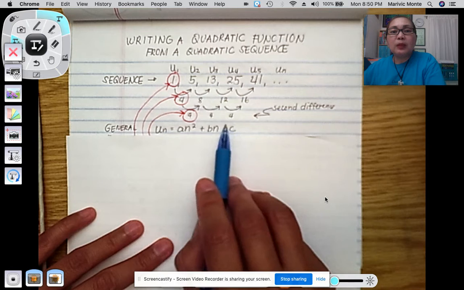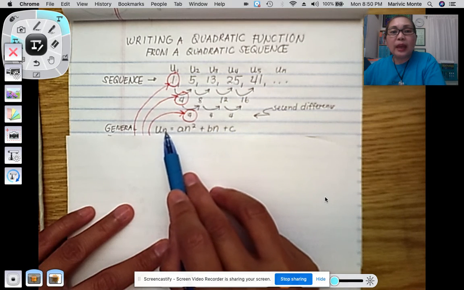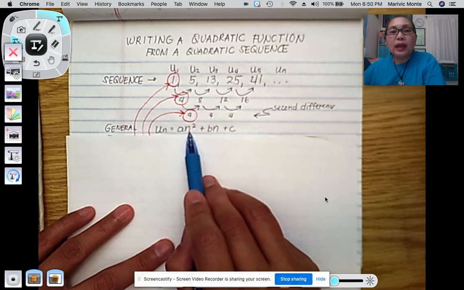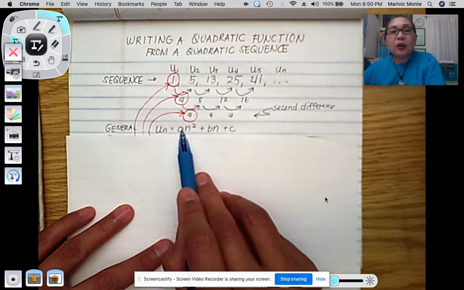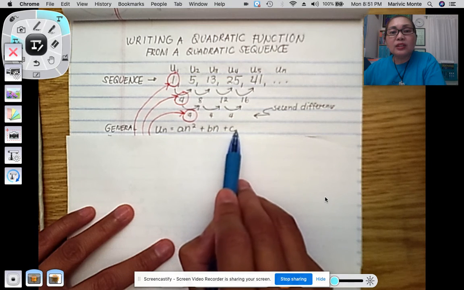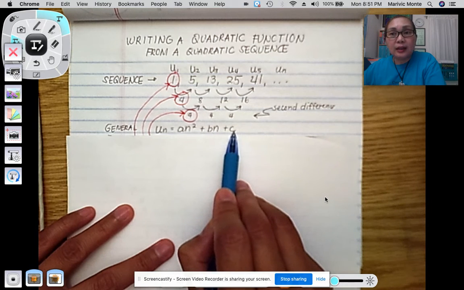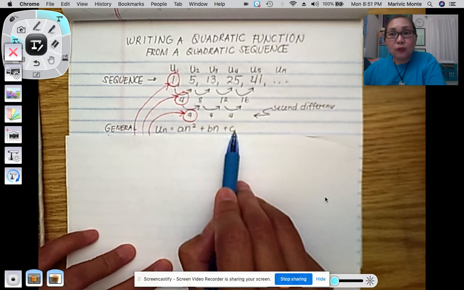We simply replace the u of n with y and all the n with x. The coefficients a and b and the constant c are the values we're going to solve for.